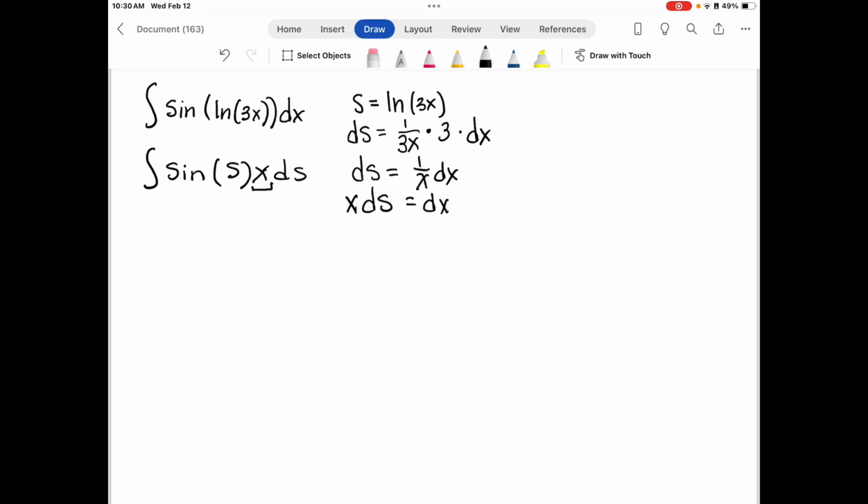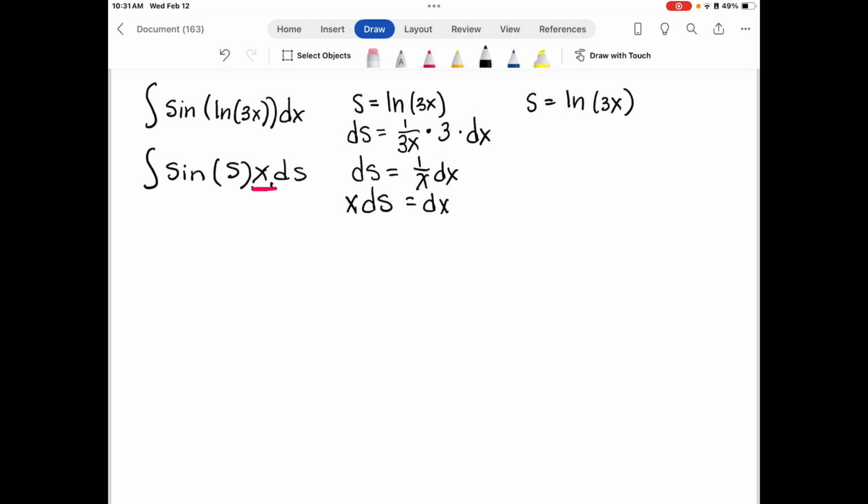So I'm going to use s equals the natural log of 3x to solve this for x. And then I can plug in for this x right here and have everything in terms of s. So I'm going to use the properties of logarithms.